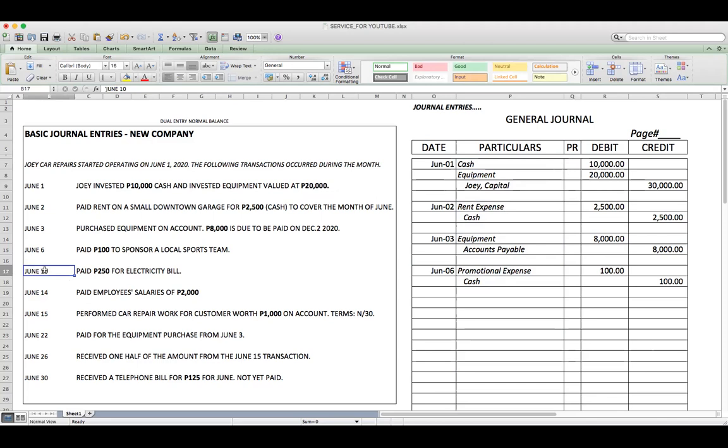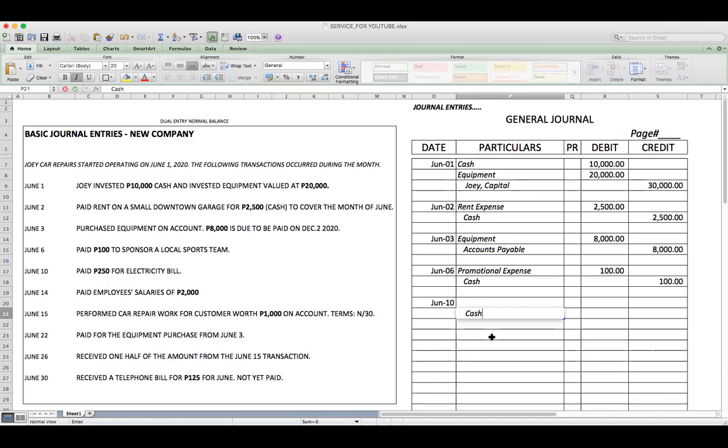Now, June 10. June 10, paid 250 pesos for electricity bill. So, ano ang ating binayaran on June 10? Electricity bill. Ang electricity bill, alam nyo guys, kung nahihirapan kayo, pag nabasa nyo pa lang yung paid, pwede nyo nang unahin yung credit. Unahin nyo na yung credit.